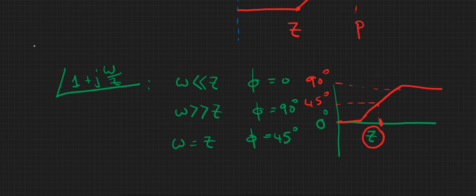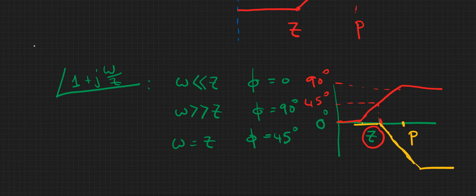Similarly, I'm not going to do this again, but it's easy to look at the other part. The pole will introduce some delay, or phase lag. So you're going to have something like this.